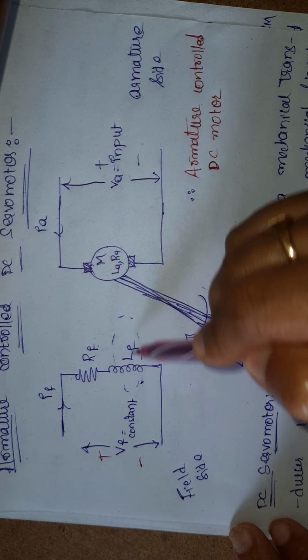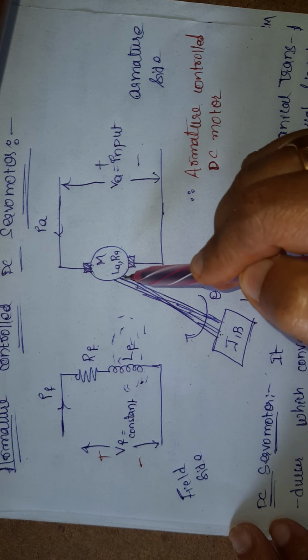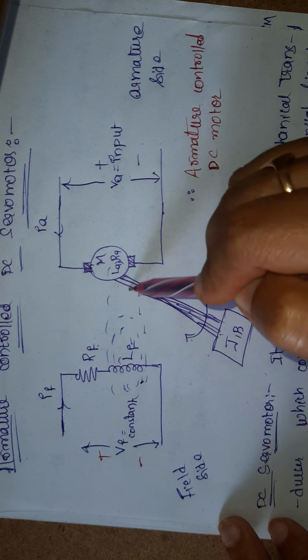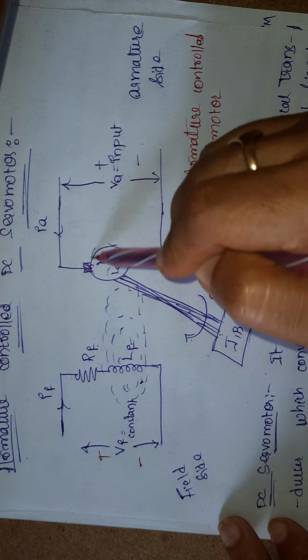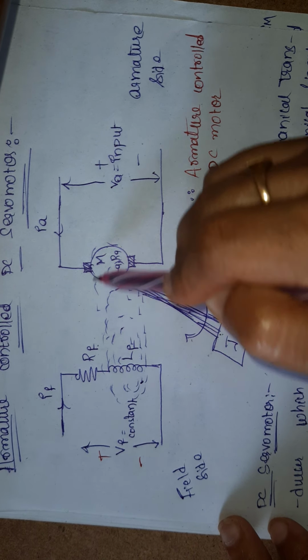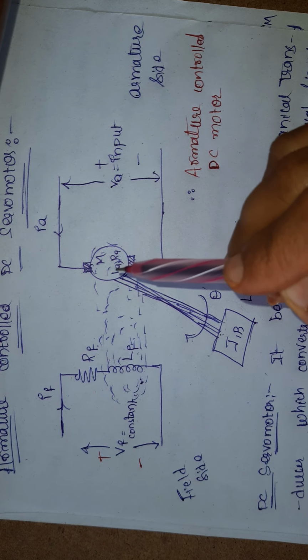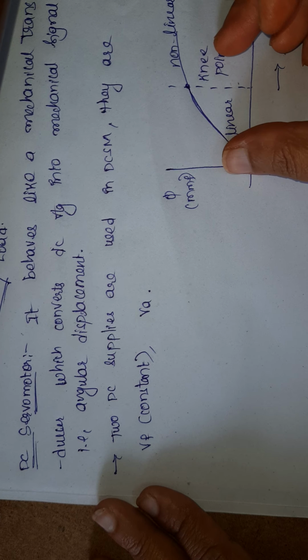I can write it as a field. The field is always having the interaction like this. Here it is a motor. Now these are the characteristics.